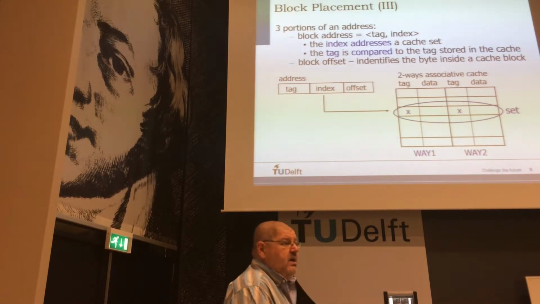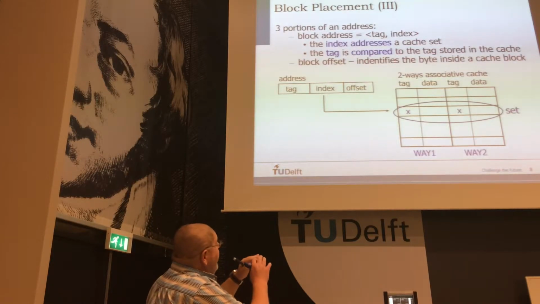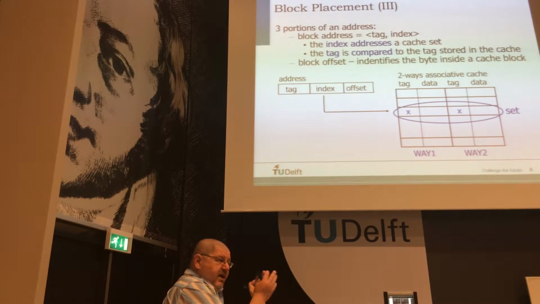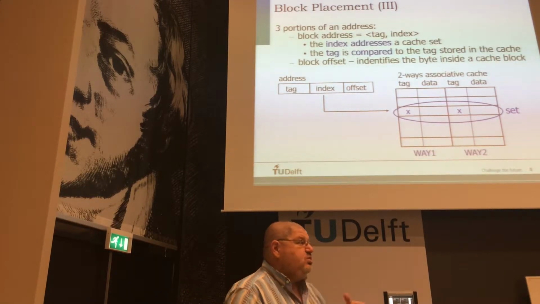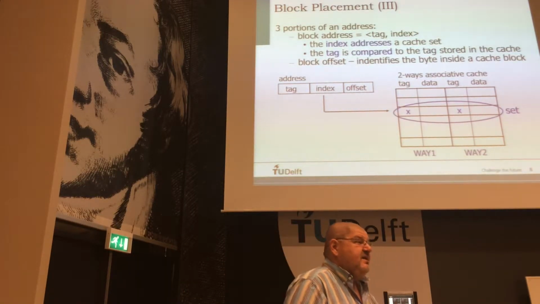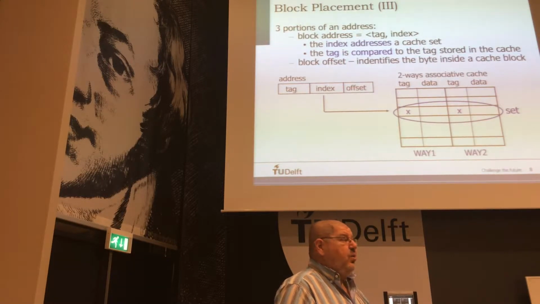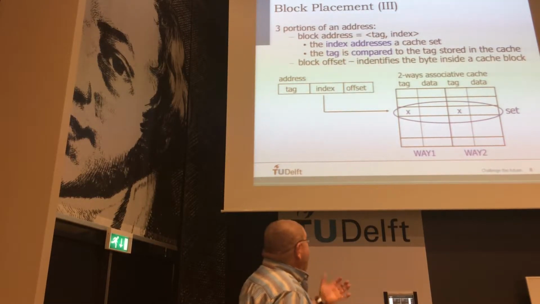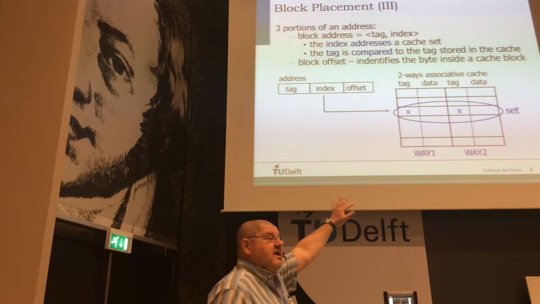Okay? Now, assuming that I have two sets for the memory and I do not find the information there, I have another question. Which of the two should I kick out? Because I can kick out the first or the second.